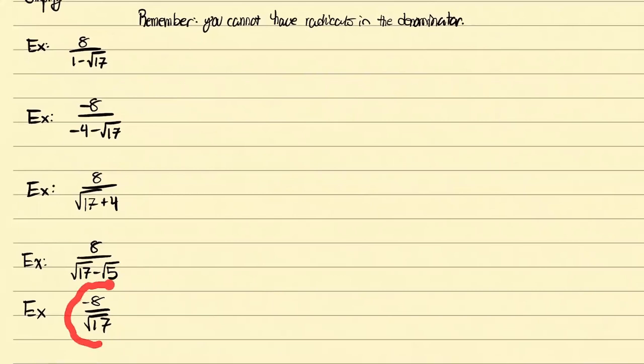Anyone want to throw out a suggestion on how to simplify this so I don't have this root 17 in the denominator? You multiply root 17 to both sides, to both sides of the fraction.